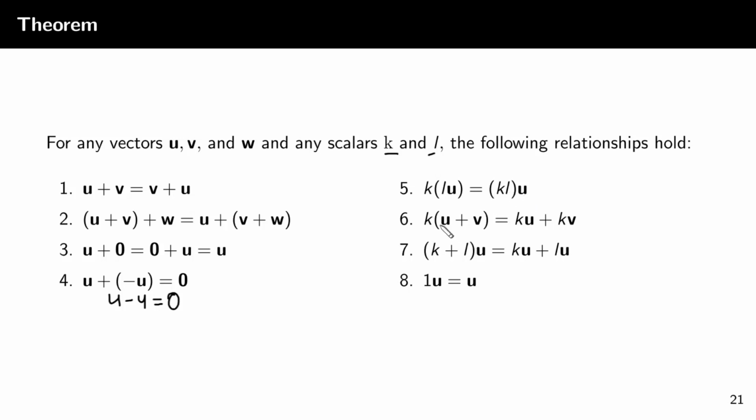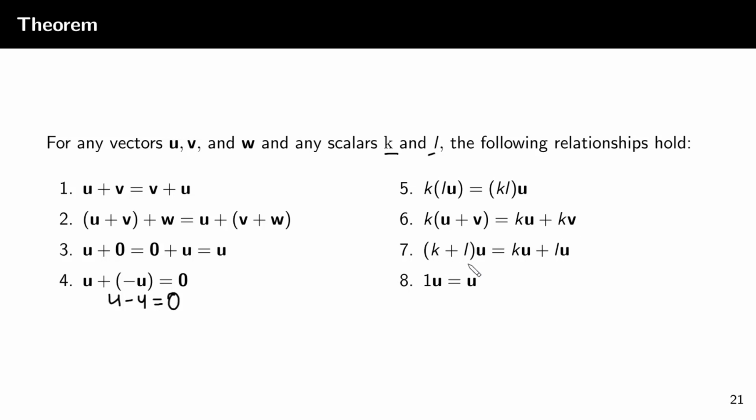And dito sa number 6, what it's telling us is, pwede nating i-distribute yung scalar when we are adding two vectors. So, k times quantity u plus v is equal to k times u plus k times v.